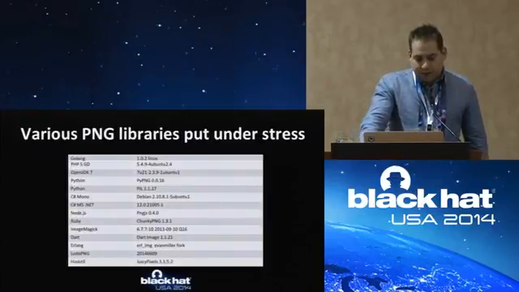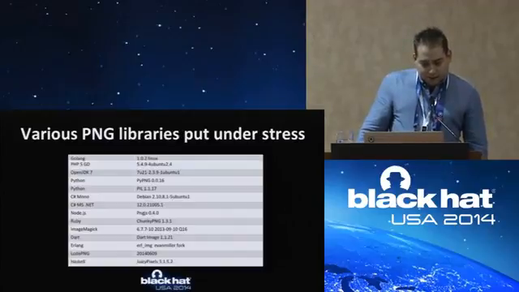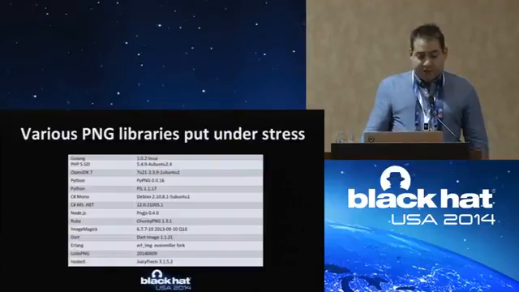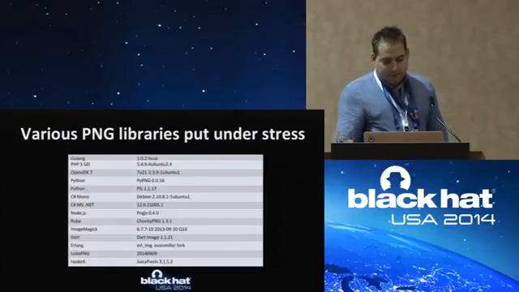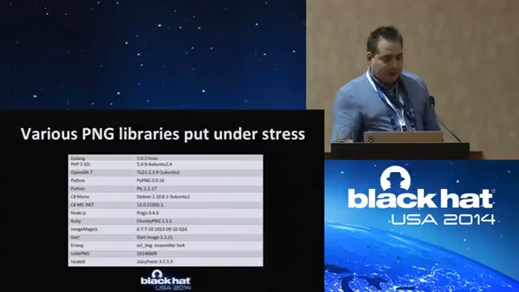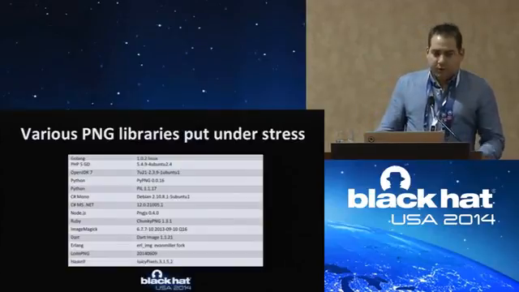So which libraries did I try? I tried Golang, PHP 5 with GD, the image library, OpenJDK 7. For Python, I tried with PyPNG and the Python Imaging Library. I tried C#, the Mono version, and the official Microsoft version.